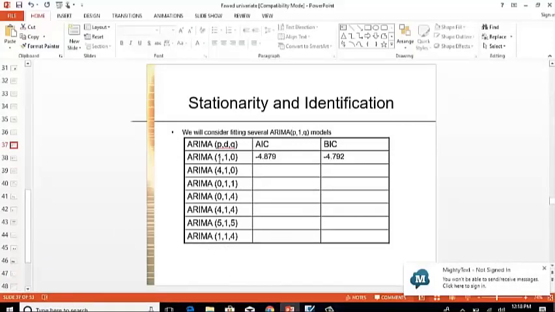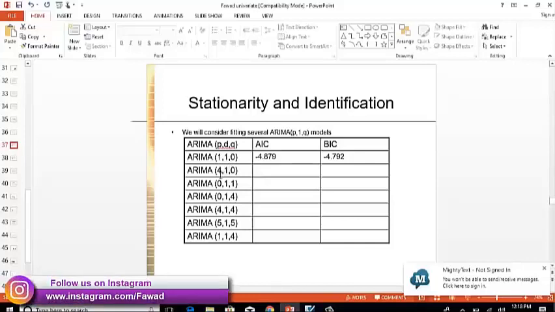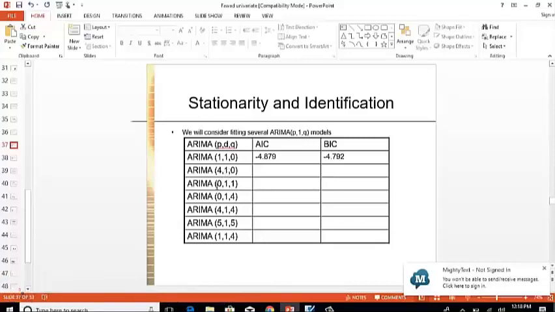This indicates AR1 MA0. This indicates AR4 MA0. This indicates AR0 MA1. This indicates AR0 MA4. This indicates AR4 MA4, and here I take the extra AR5 and MA5.